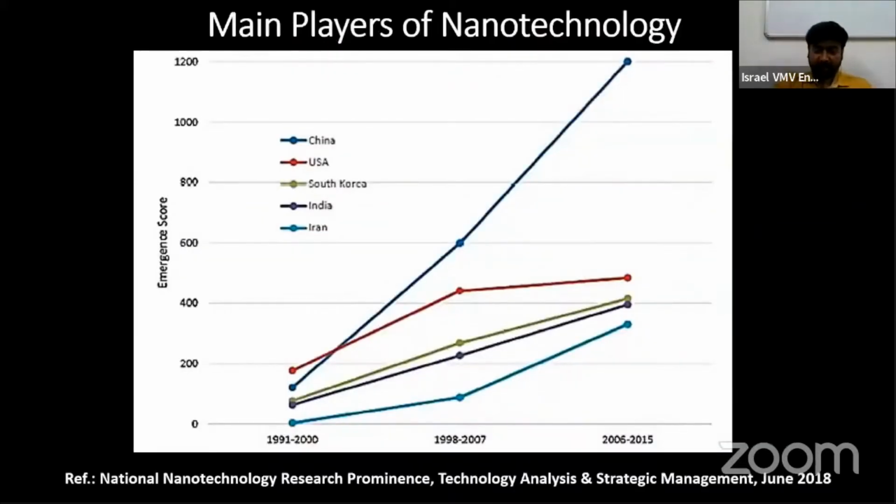Much of the work has been done in this area, and China obviously is the leader of studies in the nanotechnology field, followed by USA, and happily India is also part of that. Of course, the fundamental and applied sciences complement each other, and that's where the funding has to be spent.